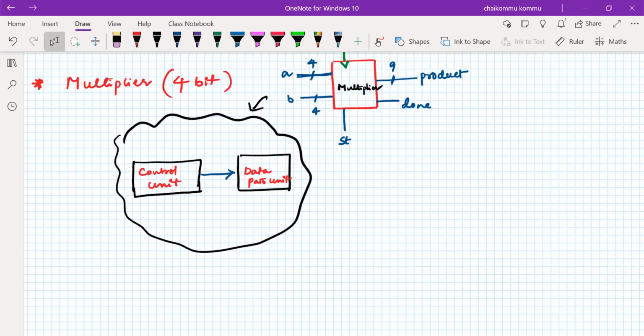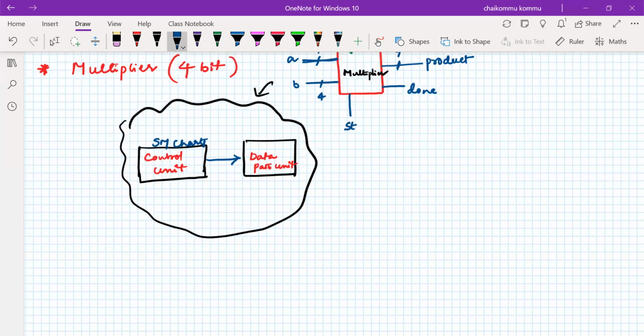Now, a very important thing is that normally we use FSMs, normally we use SM charts to realize the control units generally. How can we do this? Let us look at it.